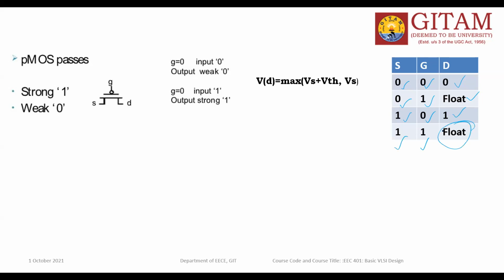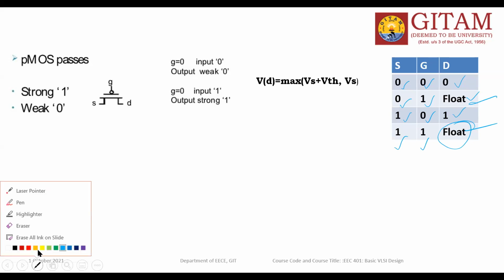Whenever the switch is open, the output is floating. When the switch is closed, the output is the same as the input. These two are the N-pass and the P-pass switches.